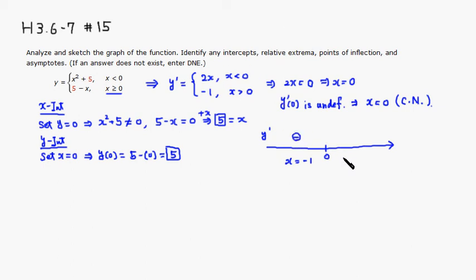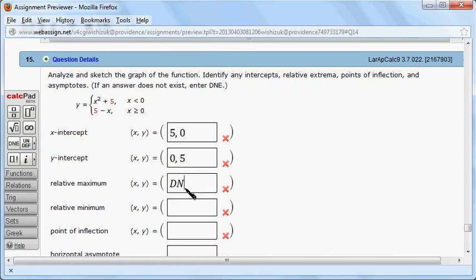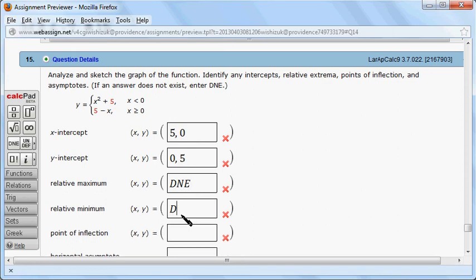When x is greater than 0, I'll try 1, here it's still -1, so it's negative. So this is going to be neither a local max nor a local min. So we do not have a local max or local min. So the relative max does not exist, and the relative min also does not exist.